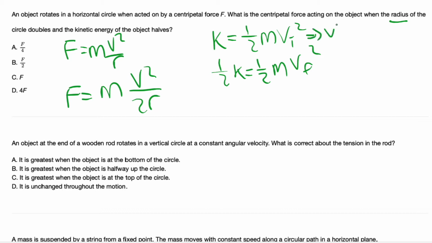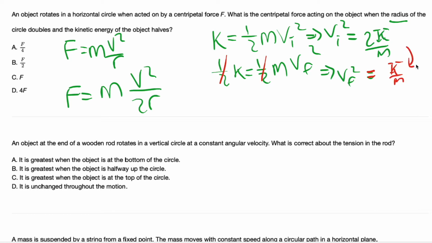So your initial velocity squared is going to be equal to 2K over m, and your final velocity squared is going to be equal to... oh, actually no. Then the half cancels on both sides, so it's going to be equal to K over m. So your velocity squared is divided by 2.